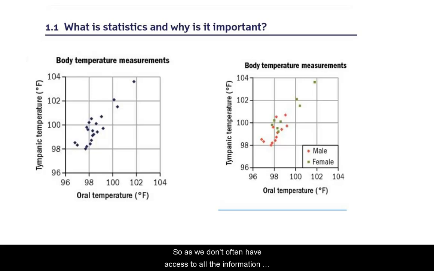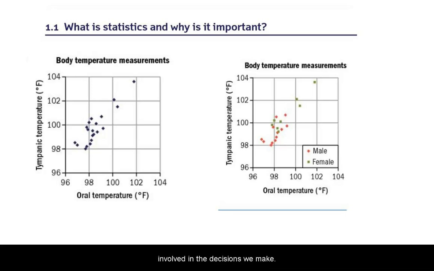As we don't often have access to all the information when making decisions, statistics is largely about trying to make the best use of the data we have at any given time. If we have a better understanding of the information we have available, it will help us to make better decisions. Statistics helps us make better decisions because we have a better understanding of the risk involved.